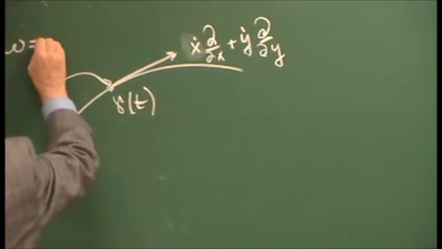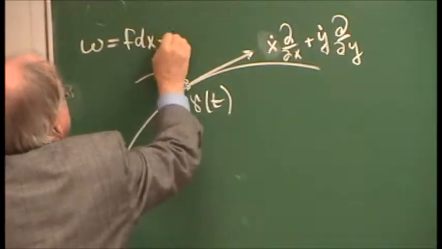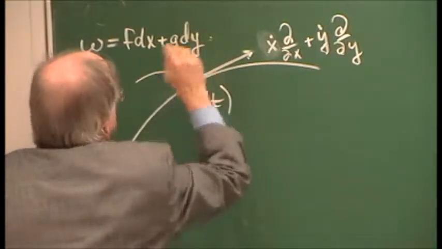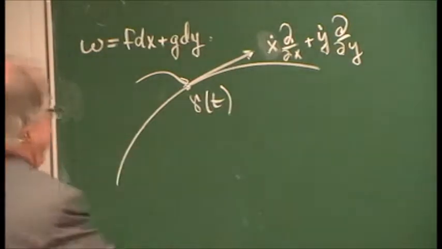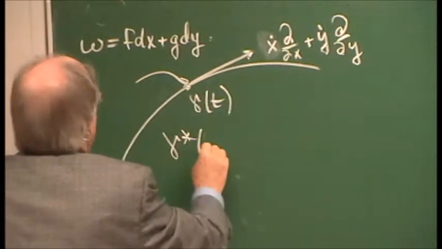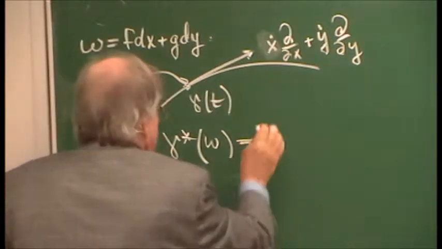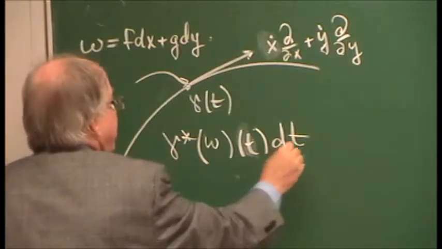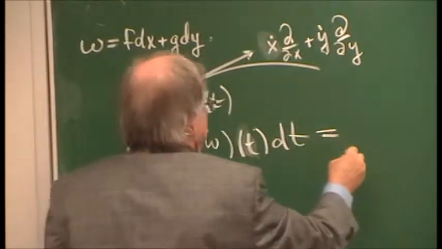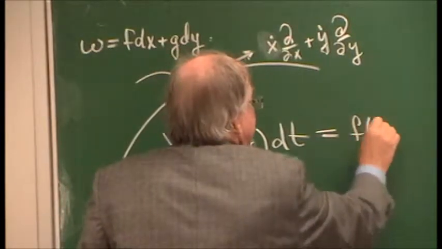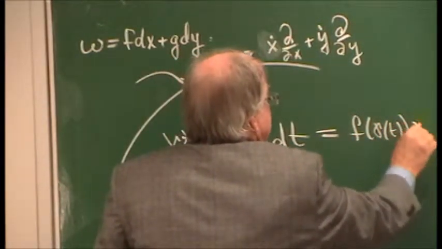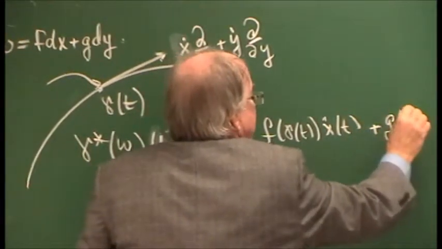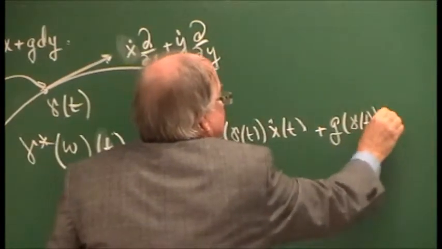So omega equals, say, f dx plus g dy. You pull back this form omega, and let me write it now as a function of t times dt. Well, I did it yesterday, so you know what the answer is: f at gamma of t times x dot of t, plus g of gamma of t times y dot of t.